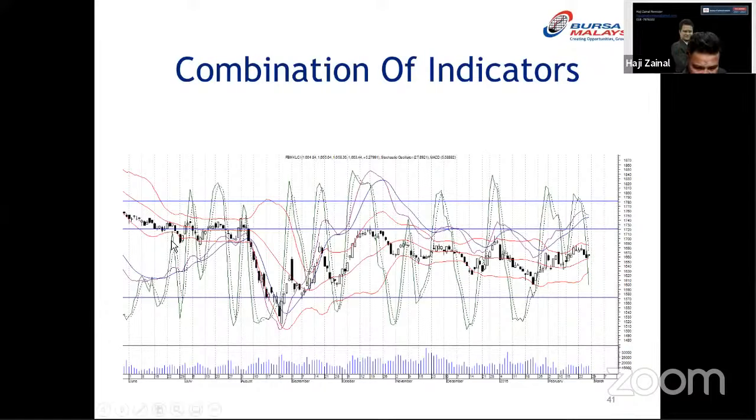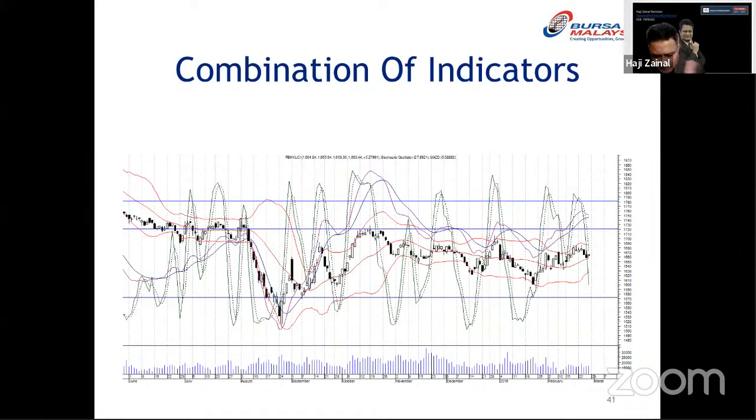The next one is this line, which is the MACD. You can see whether MACD is in an uptrend or a downtrend, or whether it is below 20, below 50, or below the zero line or not. And the next one is the oscillator, the stochastic. The stochastic will tell you the peak and trough of the market.